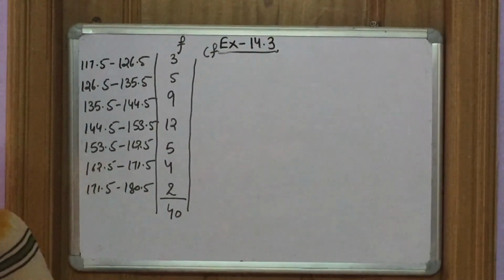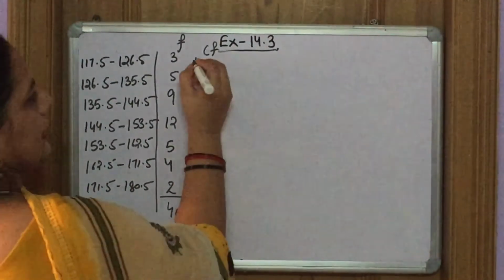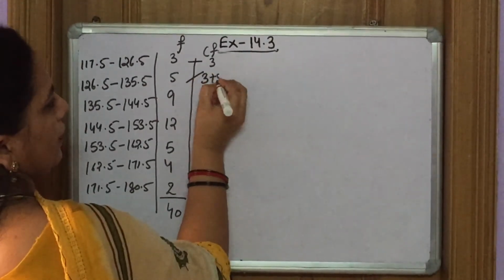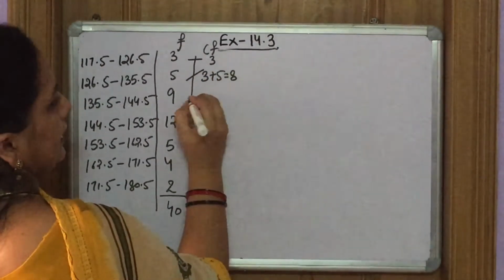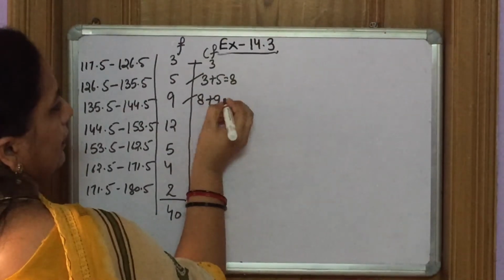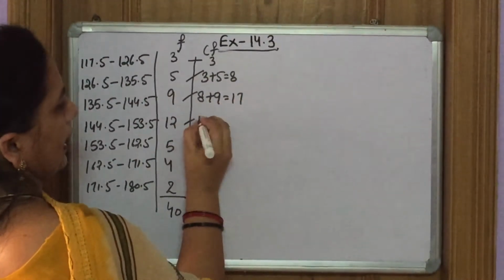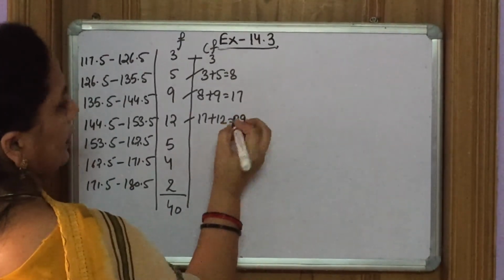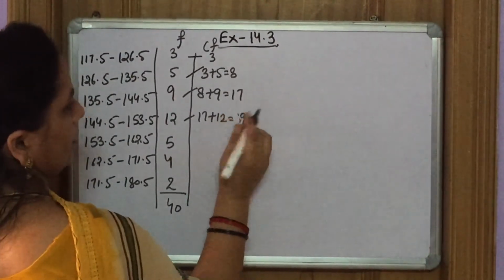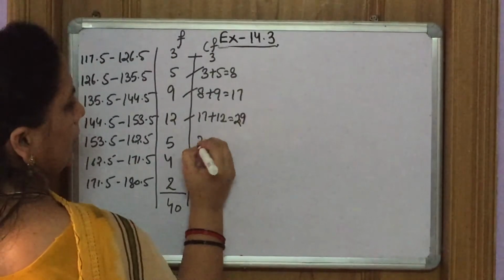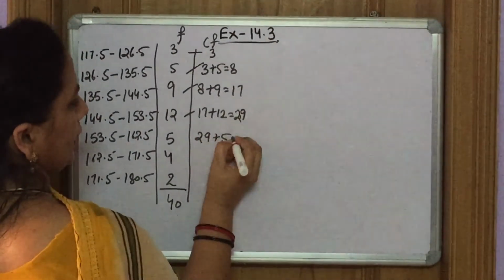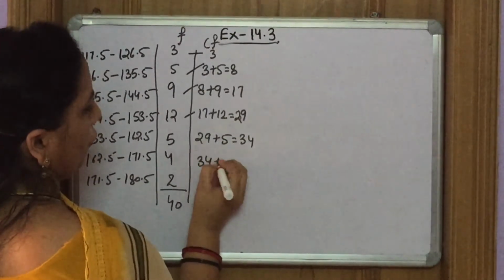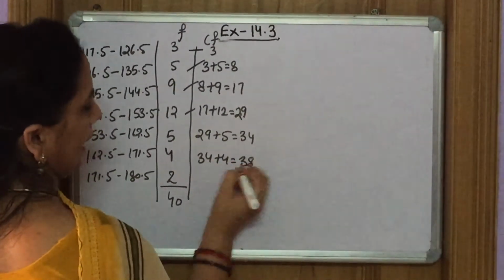adding the frequencies in a systematic way, that is 3. Then next is 3 plus 5, 8. Next is 8 plus 9, 17. Next is 17 plus 12, 29. 29 plus 5, that is 34. 34 plus 4, that is 38.